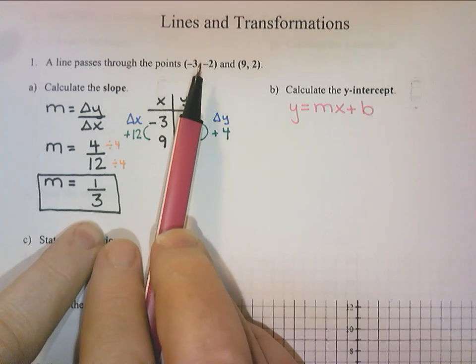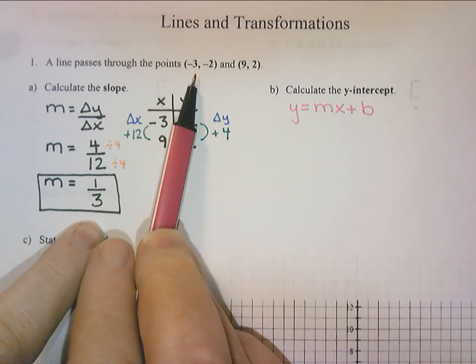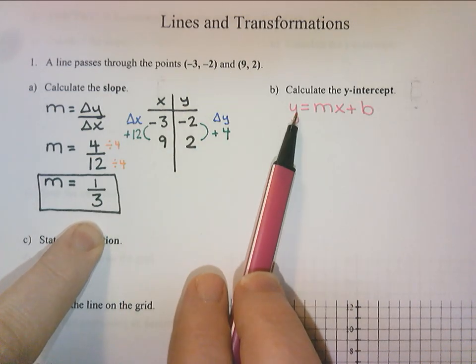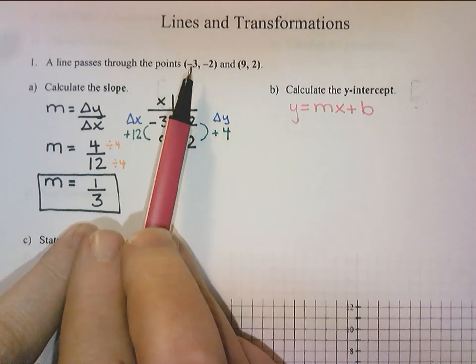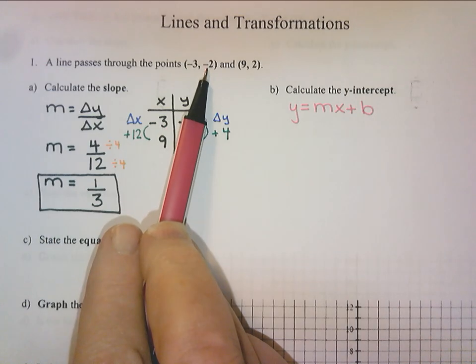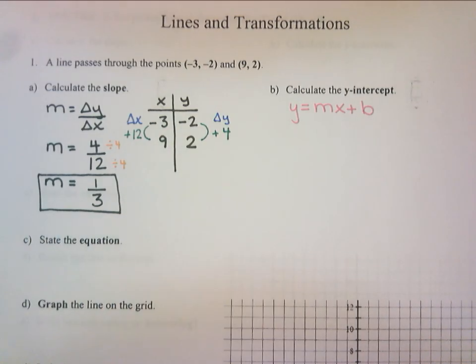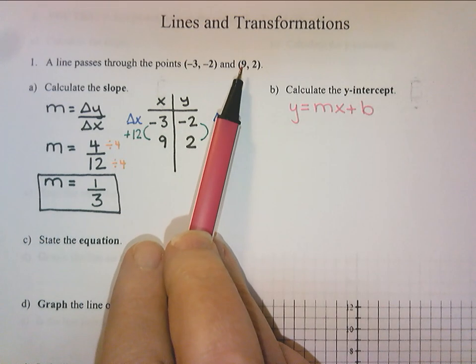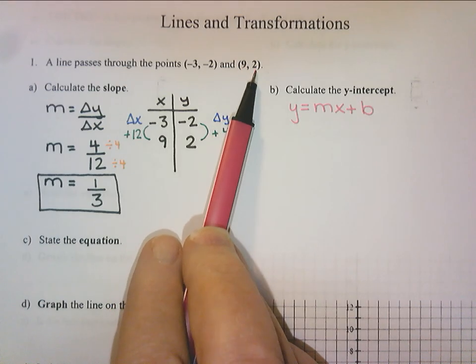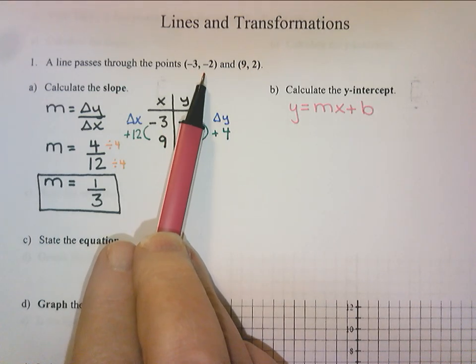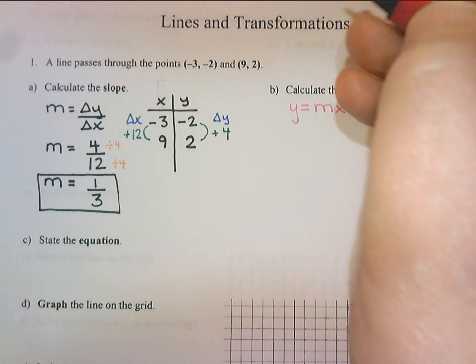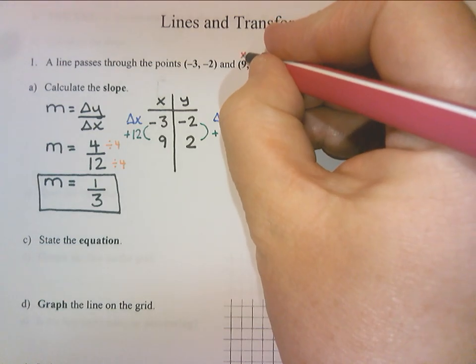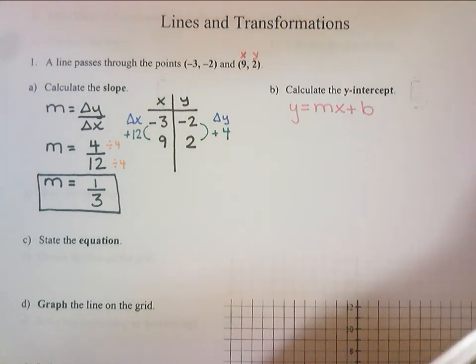And then I have two different points that I can choose from for x and y. So you can either choose (-3, -2), or (9, 2). I would prefer to use 9 and 2 because they're positive, but if you would like to use the negatives, that's fine. Every point has an x value and a y value.